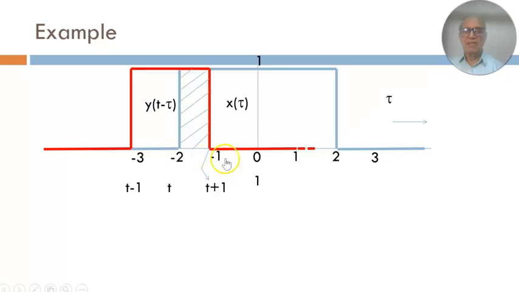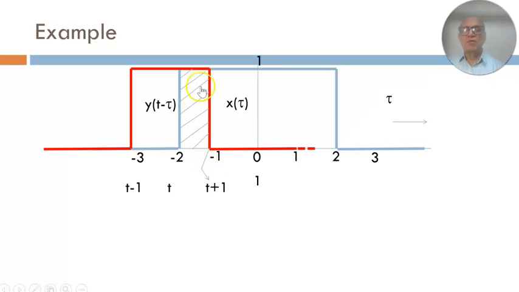Note that these values are the values on the x-axis of the graph corresponding to x(tau), whereas the center point of y(t-tau) is t, its right hand side is t+1, and this is t-1. Notice that in this overlap, the right hand side corresponds to y(t-tau) and the left hand side corresponds to x(tau). So clearly your limits are from -2 to t+1.